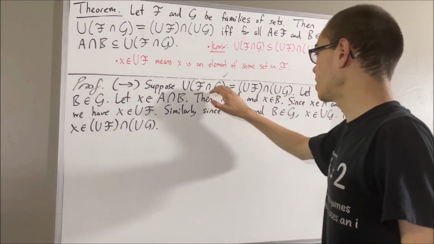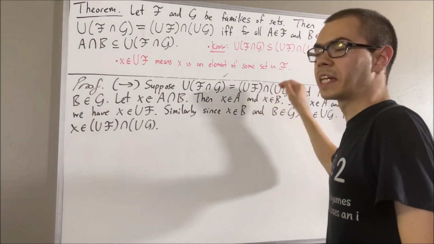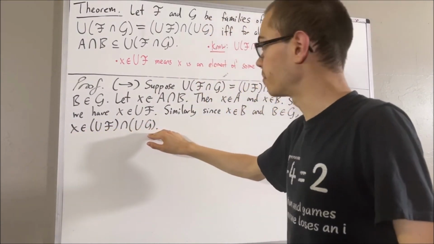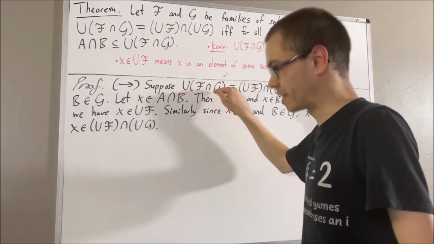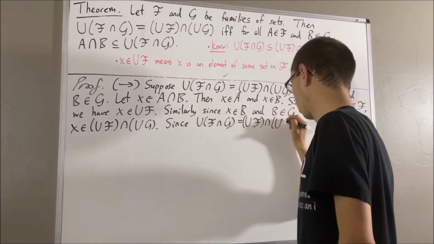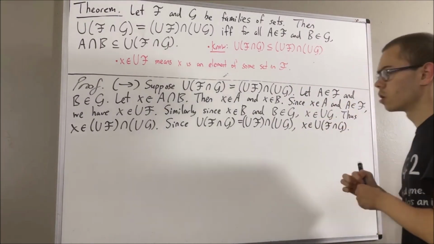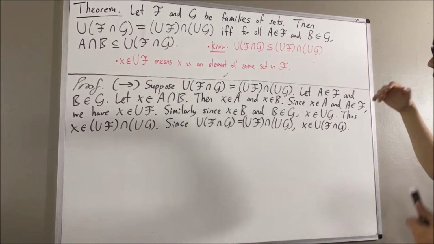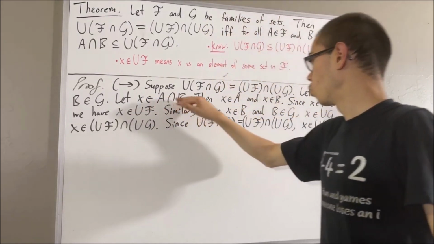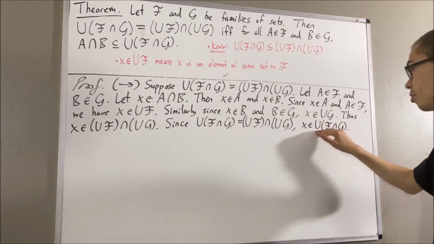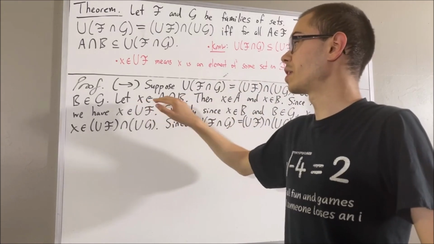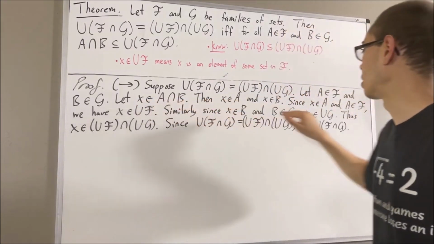But since these two sets are equal, this means that they have exactly the same elements. So since x is an element of this set, this means that x must then be an element of this set. So putting this together, we started with an arbitrary element x in the intersection of A and B. And from there, we show that x must then be an element of the union of F and G. Since x is arbitrary, this means we have shown that everything in this set lies in this set.